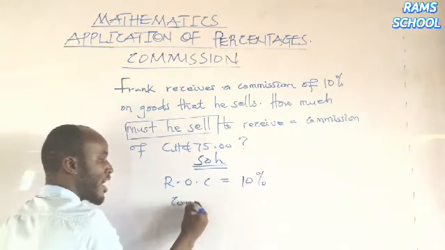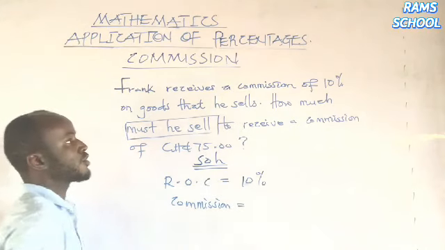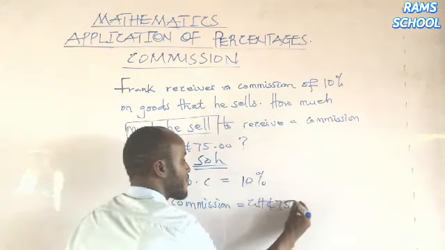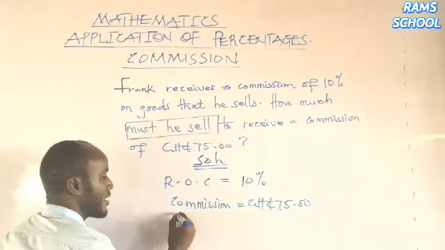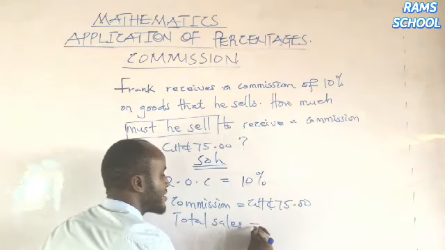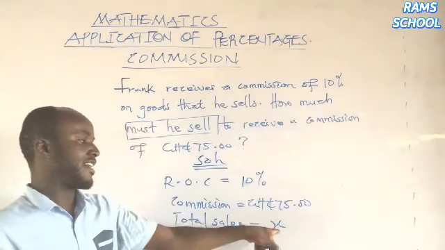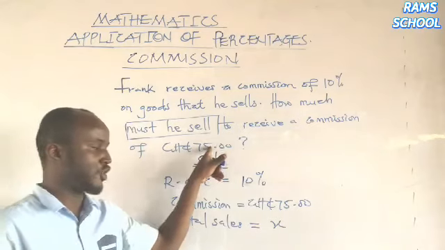Then we know the actual commission. The commission is equal to 75 Ghana cedis. How much must he sell? We don't know. That's our total sale. So total sales, let's represent it by X. We are assuming that X here is the amount that he must sell in order to receive this commission.